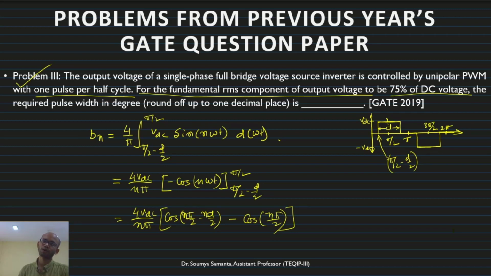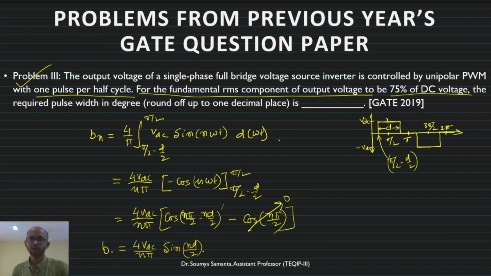So for odd values of n, this one will go to 0, and what is left out will be 4 VDC by n pi, and this one will be sine of n D by 2. This is the expression we will get.